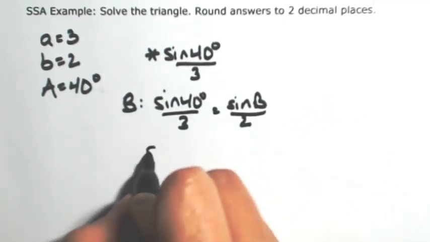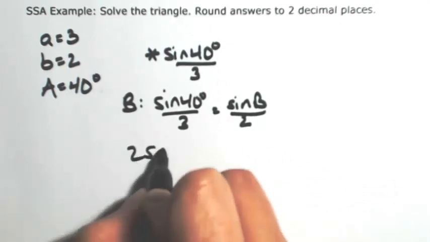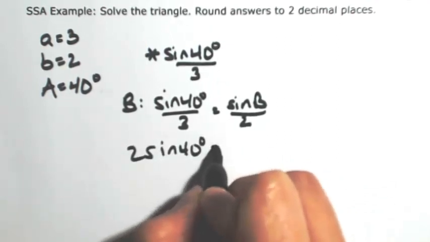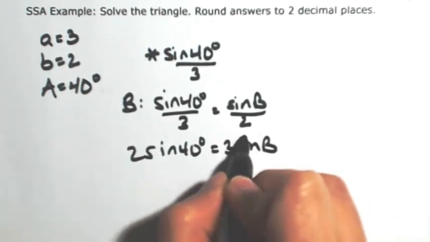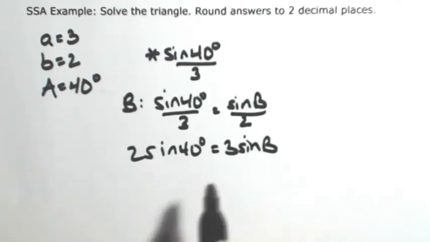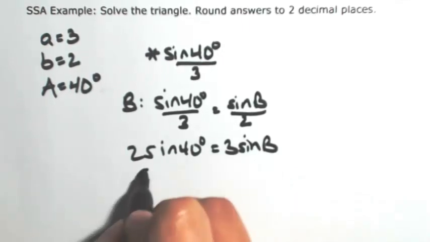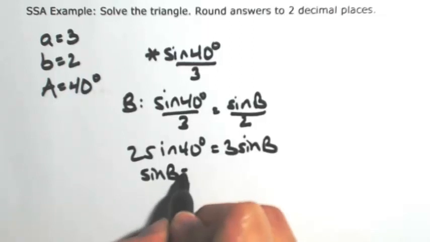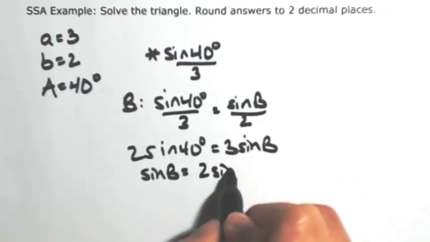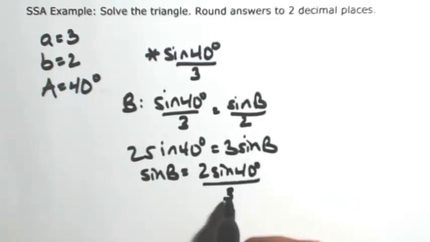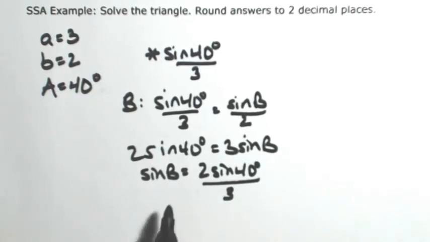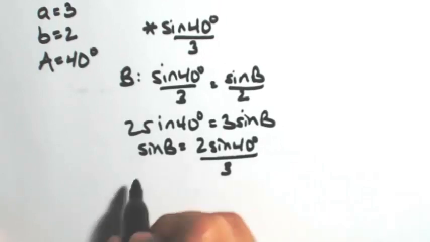So solving, we would have 2 sine 40 degrees equal 3 sine angle B, just cross multiplying. Trying to get B by itself, I would have the sine of B being 2 sine 40 degrees divided by 3. Still solving for angle B, I want to undo sine, so I'm going to do the inverse sine.